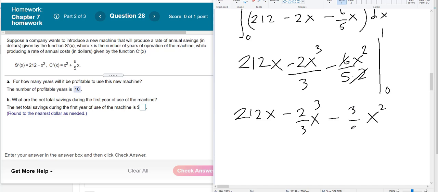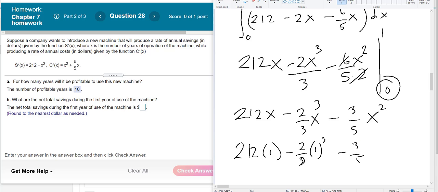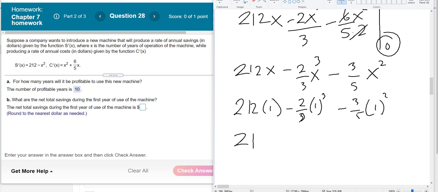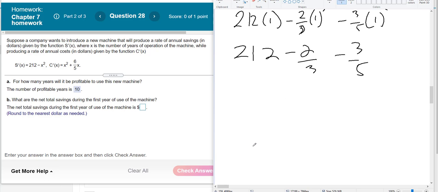Now, the nice thing is we're just looking at the first year, so this 0 is going to cause a 0 for all of those. So all I have to do is plug in a 1. 212 times 1 minus 2/3 times 1 cubed, that's going to be 2/3, minus 3/5 times 1 squared. So it's 212 minus 2/3 minus 3/5, and they say round it to the nearest dollar.